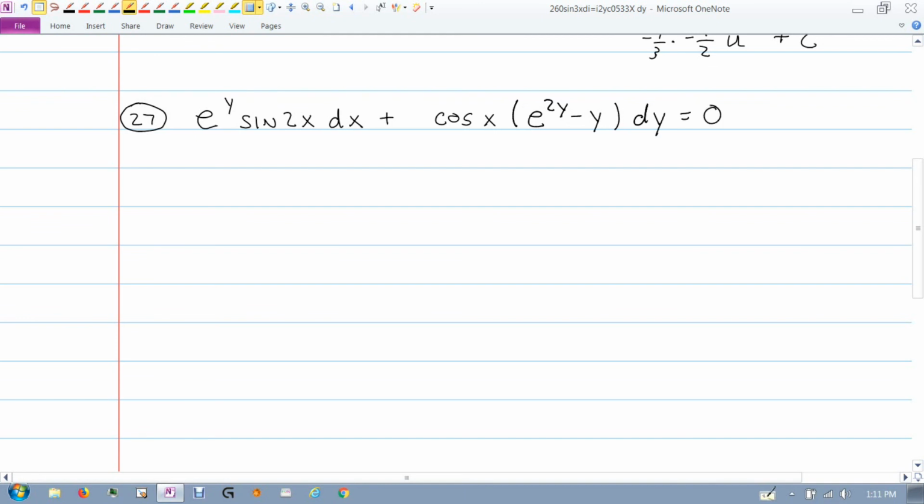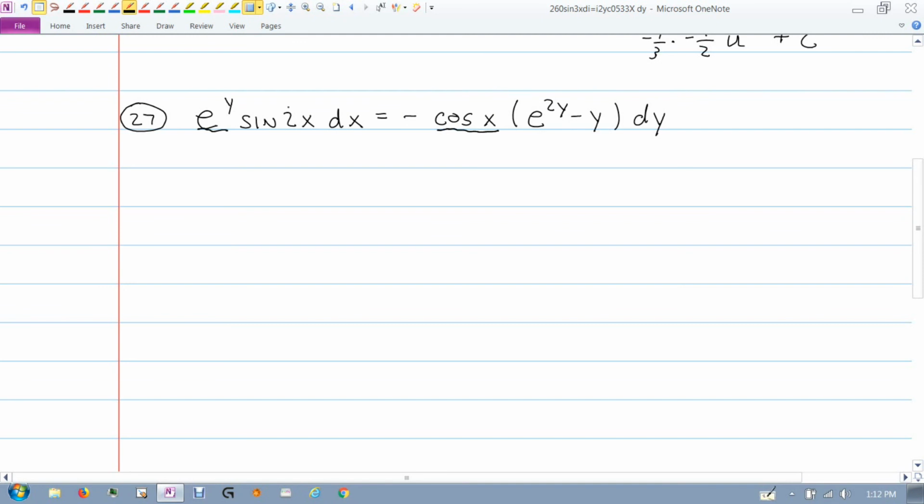So again, I'm going to move this whole thing over to the right side, so make that negative, and then I'm going to divide both sides by cosine x, and I'm going to divide both sides by e to the y.